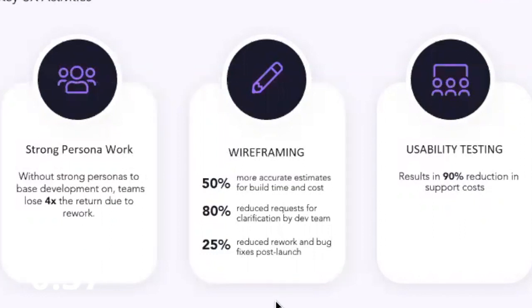Wireframing, which is, you're familiar with us doing wireframes or early static designs, creates better estimates. It reduces clarification. So these are really sort of time savings and cost savings. And then finally, the last one is it actually reduces bugs and rework after launch.